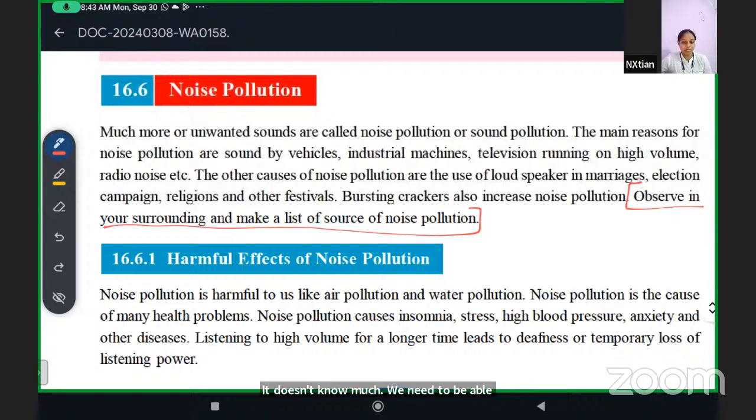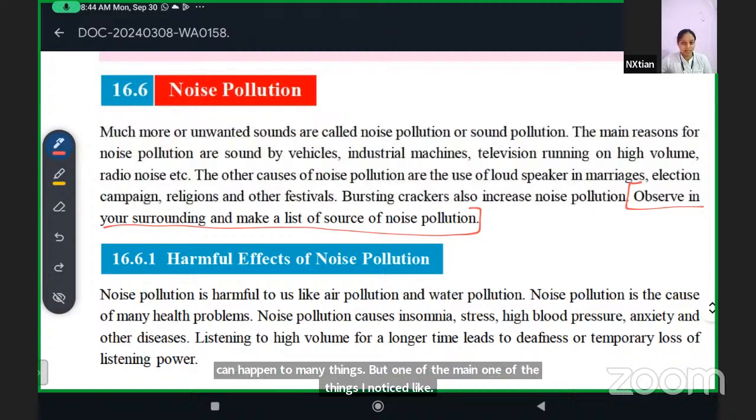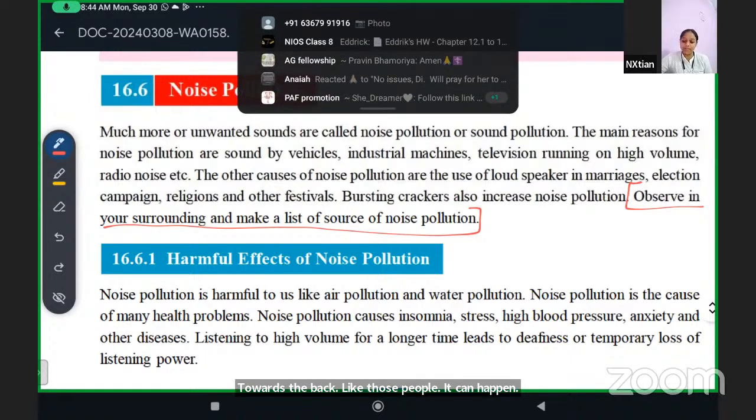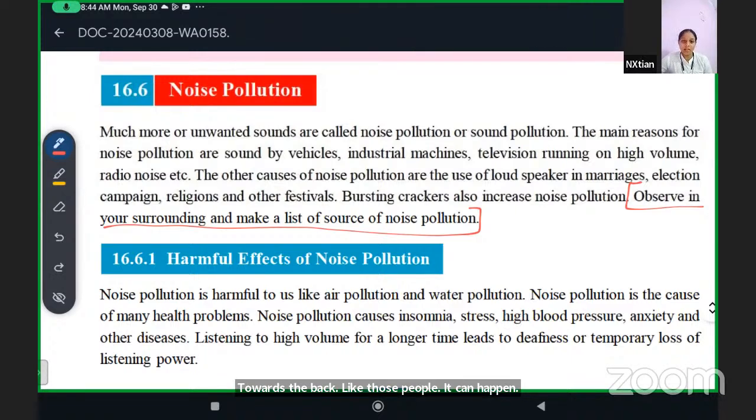It can happen due to many things, but one of them is noise pollution. Like if you're in a sports area and you're standing towards the back, near the speakers, it can happen. A ringing sound we hear in our ear.